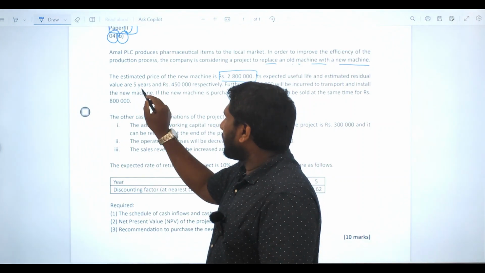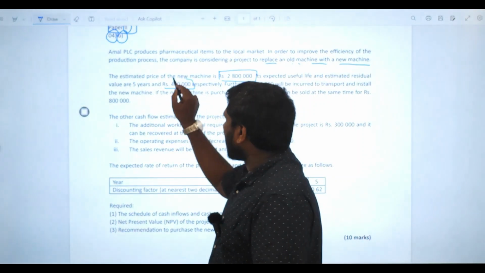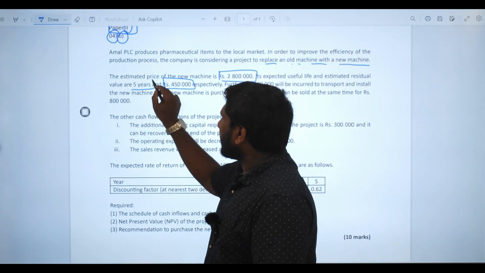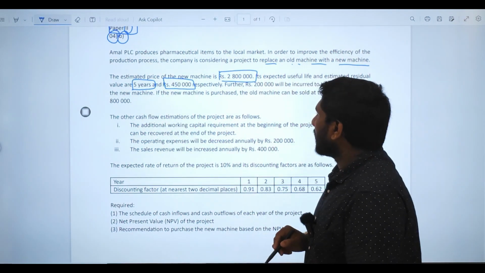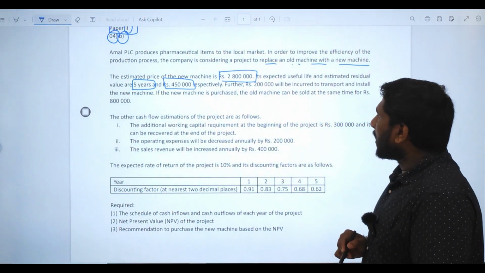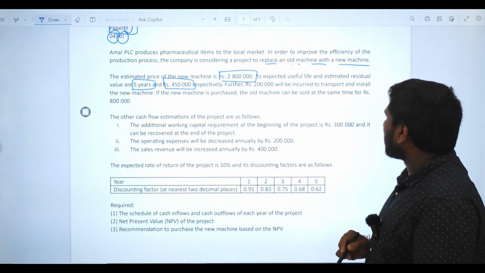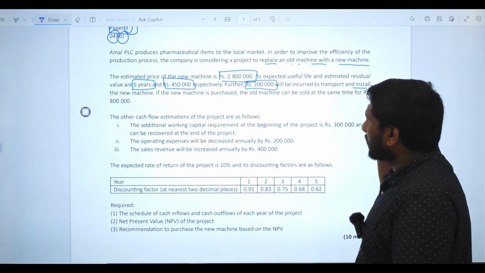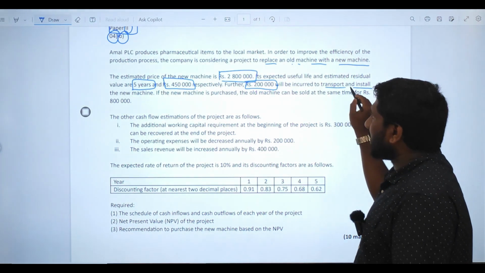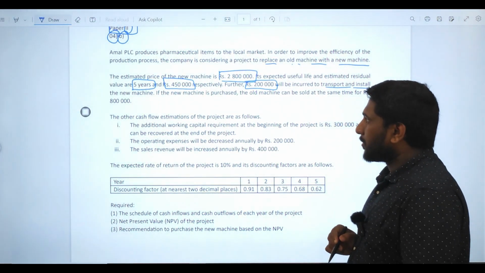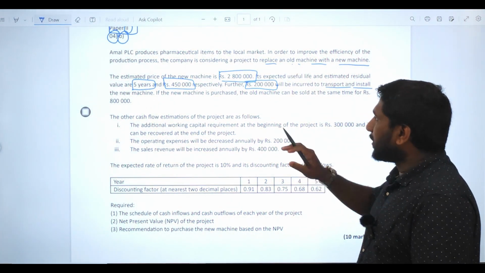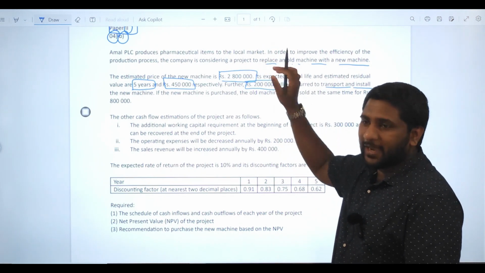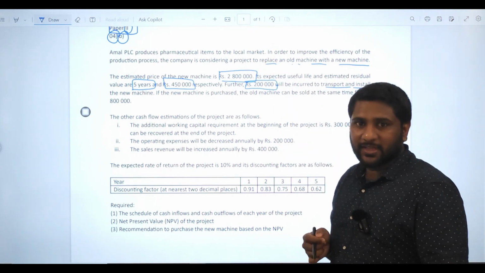Expected residual value is 450,000 and useful life is 5 years. Further, 200,000 will be incurred to transport and install the new machine. So what you have to understand here, this 2.8 million is the initial investment cost.